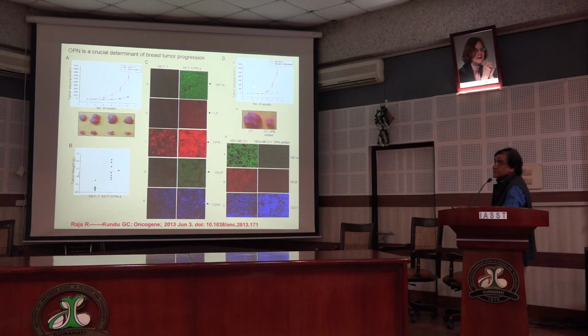But MDA-MB-231, an aggressive breast cancer cell, developed very high tumors by itself because it is highly aggressive compared to MCF7. If she silenced osteopontin by shRNA by making a stable clone, tumor size went down. She then analyzed the expression of osteopontin, HIF1 alpha and VEGF. In this tumor they are higher, and in this tumor they are lower.